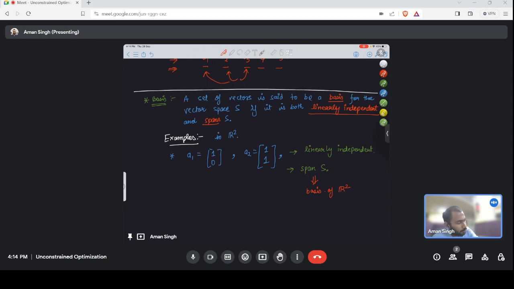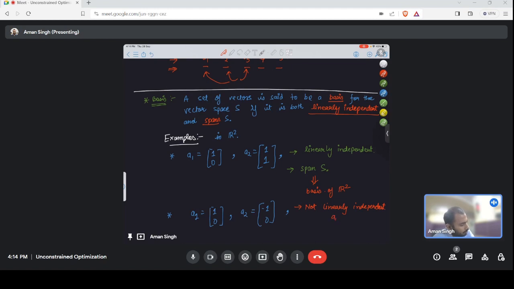We'll see one more example. A1 is equal to 1 comma 0. A2 is minus 1 comma 0. It turns out they are not linearly independent. Why?